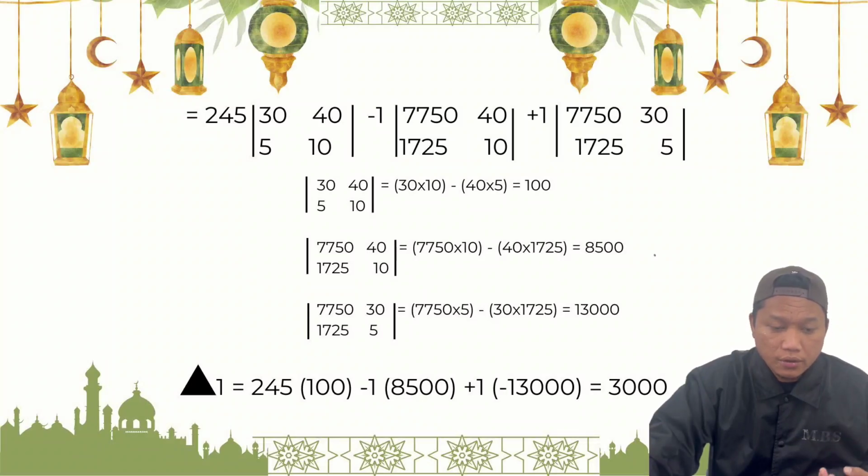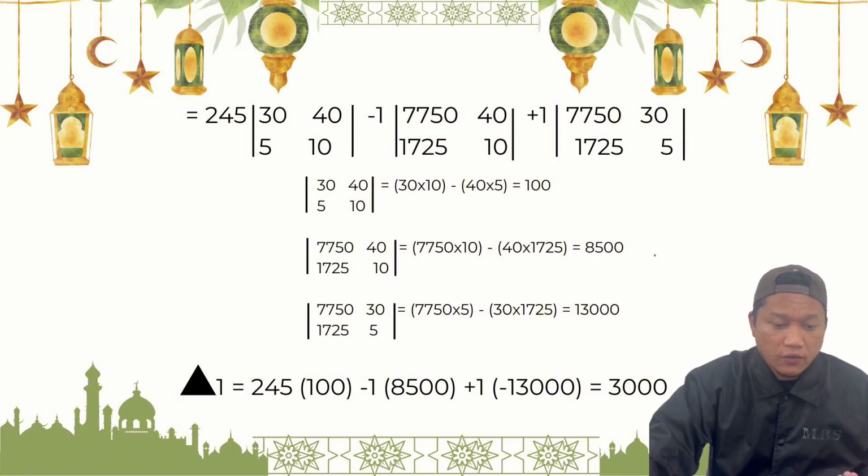Substituting the values, determinant 1 equals 245 times 100 minus 1 times 8,500 plus 1 times negative 13,000, equal to 24,500 minus 8,500 minus 13,000, equal to 3,000.